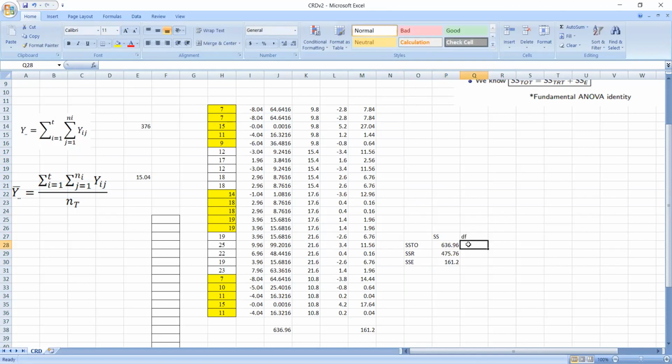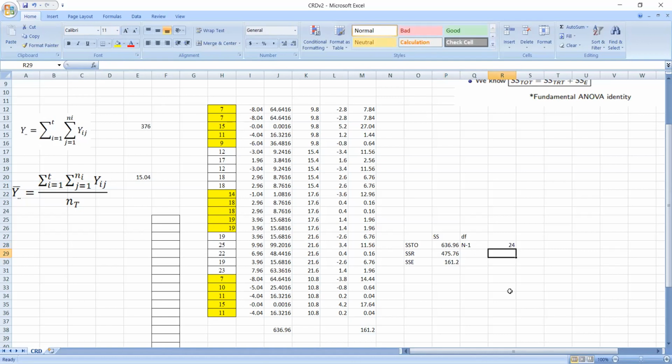And then we can calculate the degrees of freedom. I told you when it comes to the total, the degrees of freedom is equal to capital N minus 1, that is the total number of observations minus 1. Here we have 25, so you can put 25 minus 1 here.